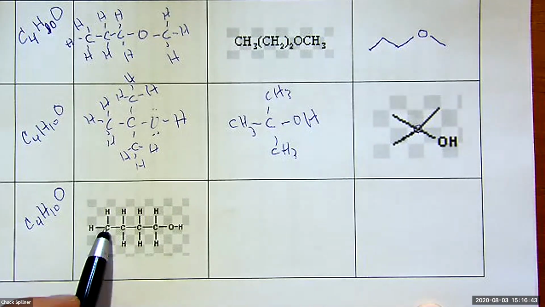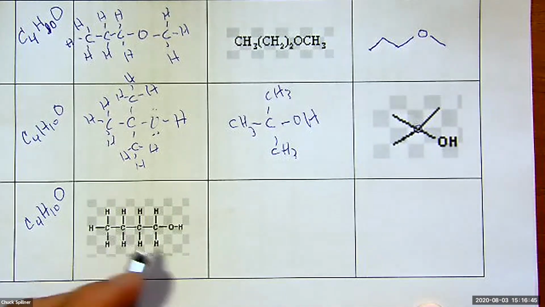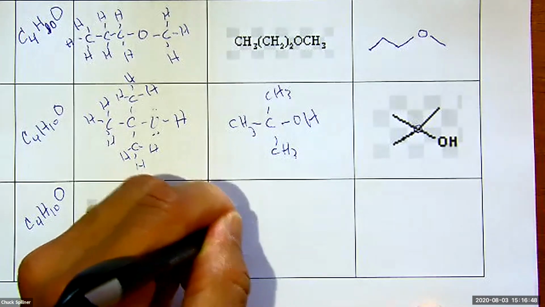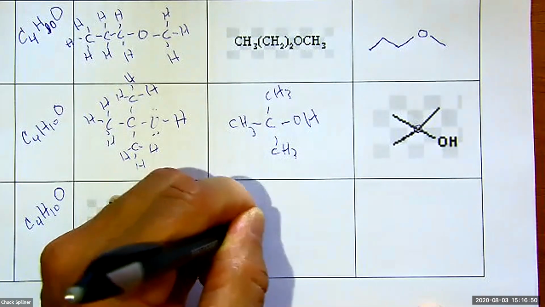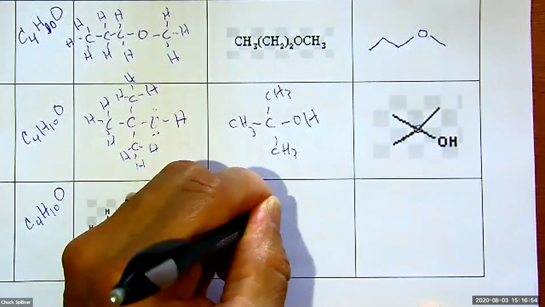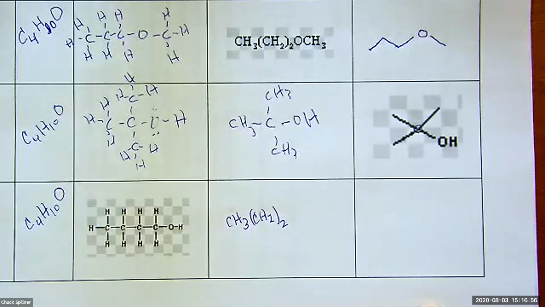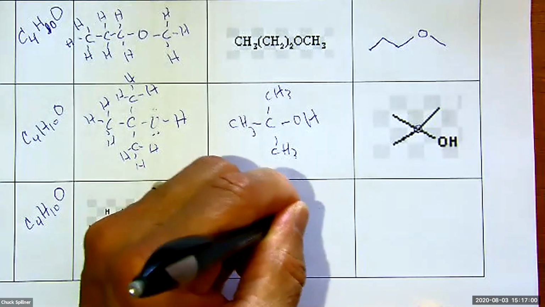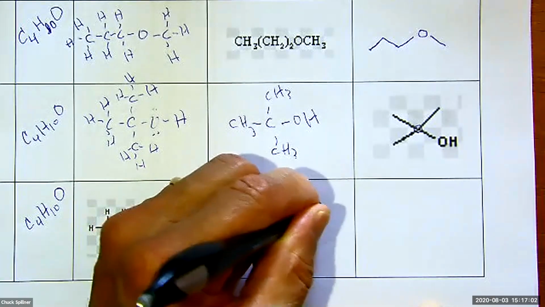So lastly, we have CH3, CH2, CH2, CH2, and then an OH. So I can do that, CH3, CH2. And I can combine these. I'll do 2 CH2s. And then I'll do the last CH2 with an OH attached to it.